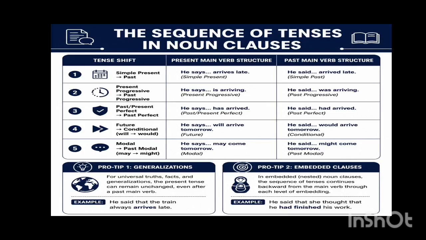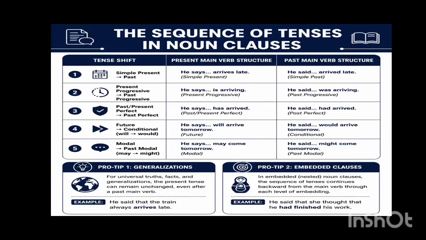Yes. Now we have some pro tips here. You know, English loves exceptions, right? Look at the first pro tip. If you're talking about a universal truth, a fact, or a habit that is still true right now, you don't have to backshift. For example, he said that the train always arrives late.